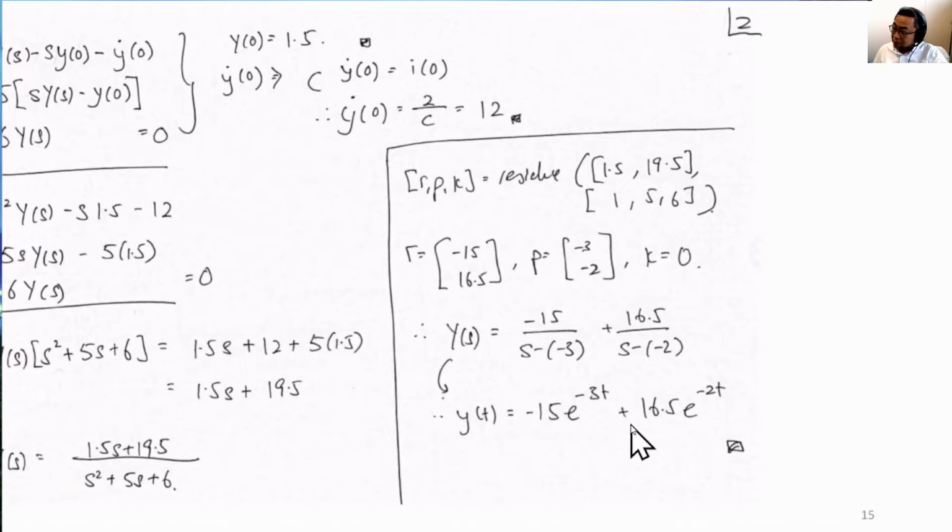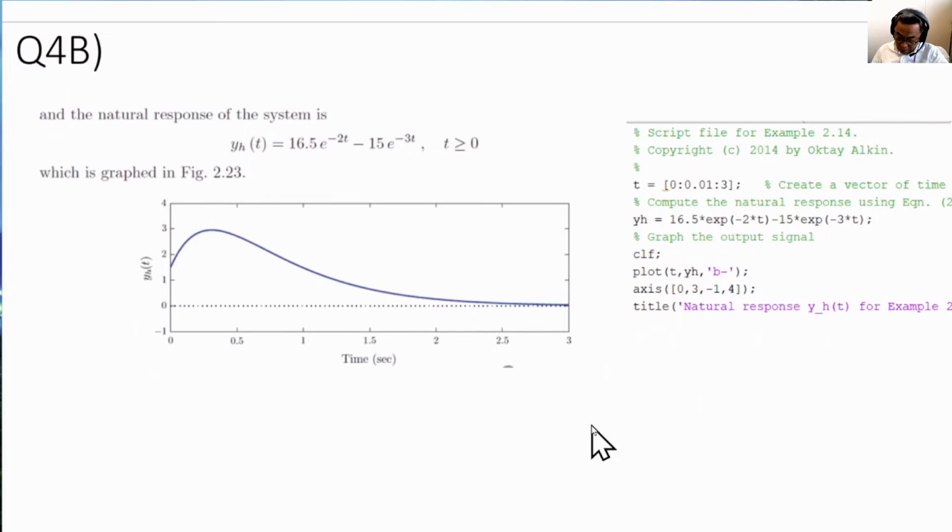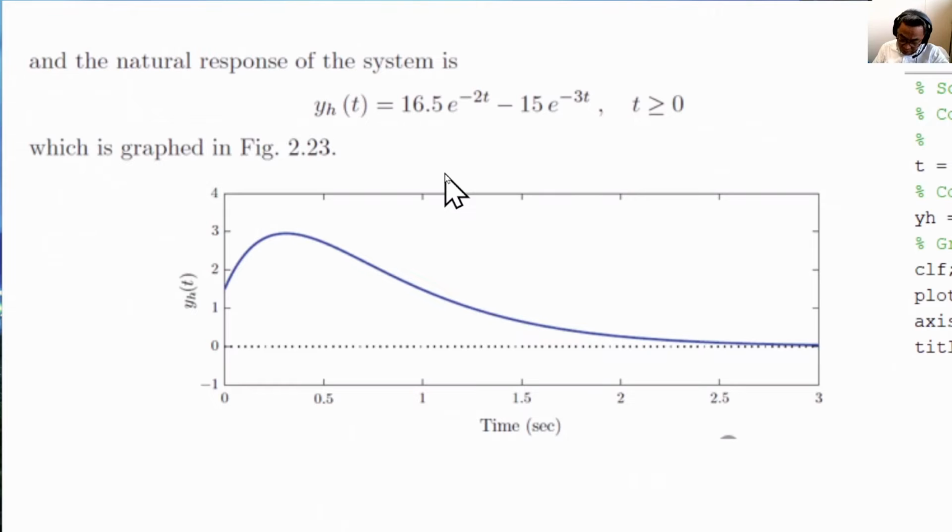This is the answer, and now let's plot y(t). Let's substitute t equals 0. When t equals 0, it is 16.5 minus 15, so it is 1.5. And for the rest, we have to use MATLAB to plot.